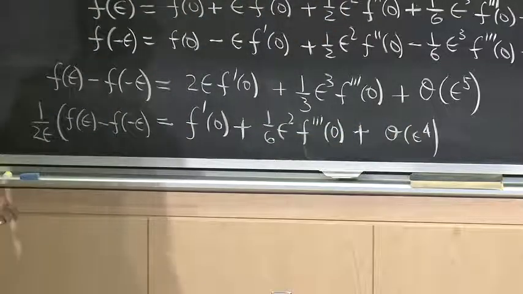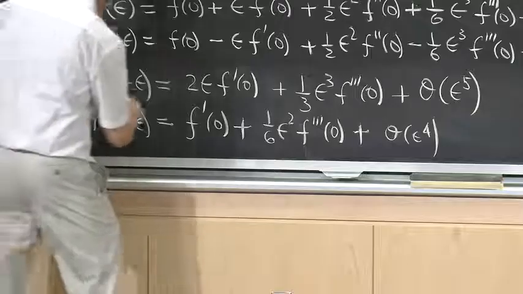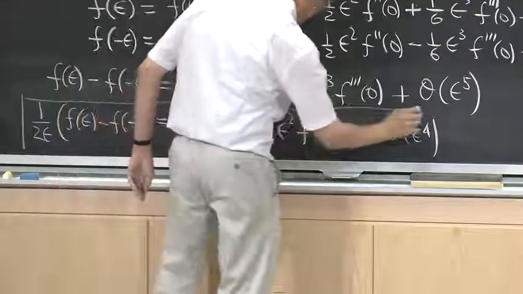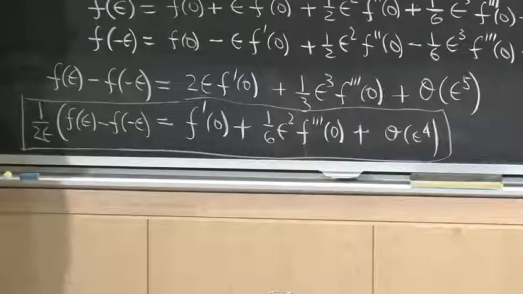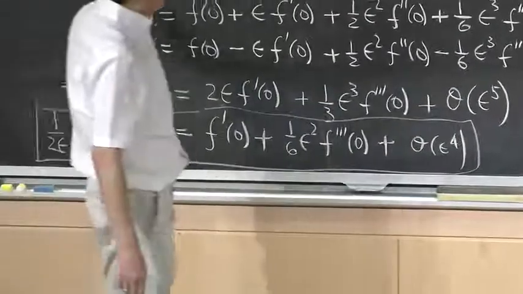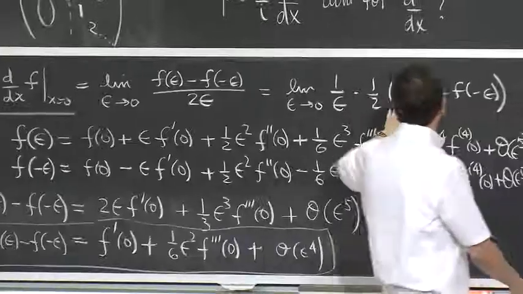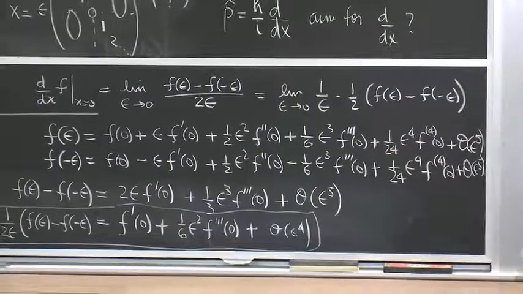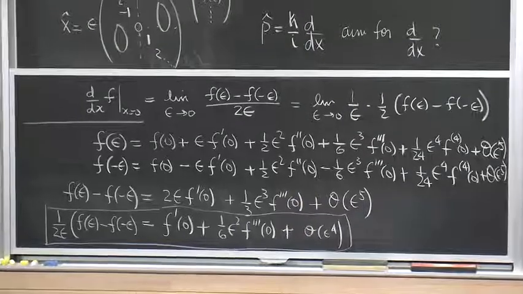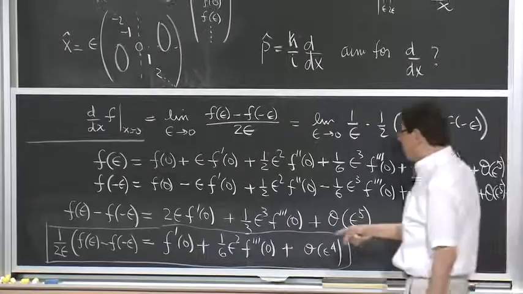So here is a nice equation that justifies what I was saying here, that the first derivative is this limit, and it does more than justify it, it gives you the next correction.